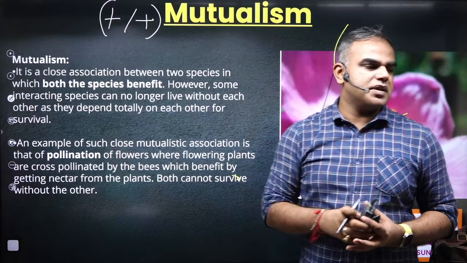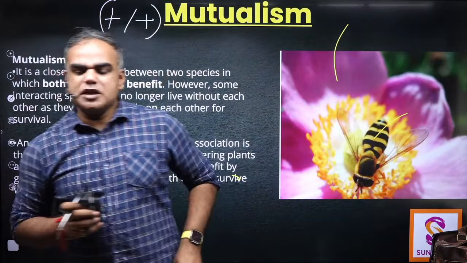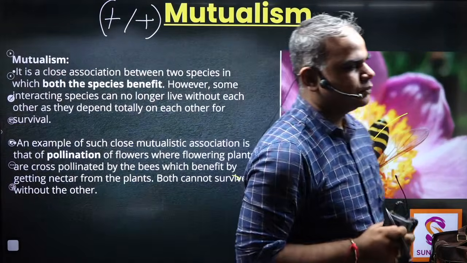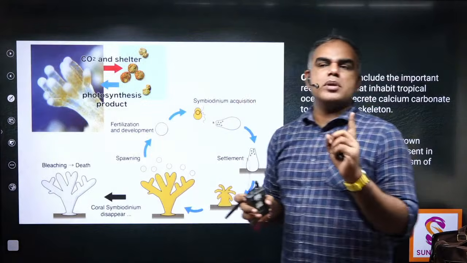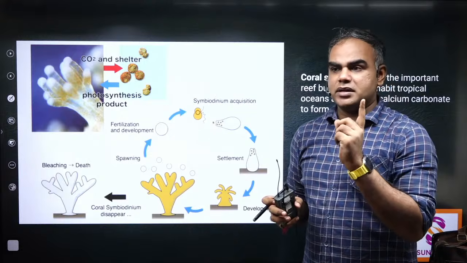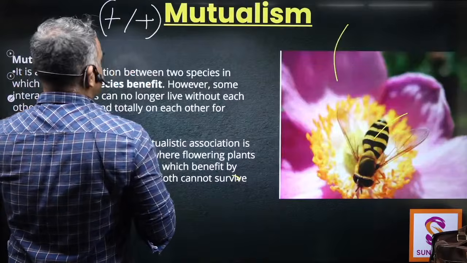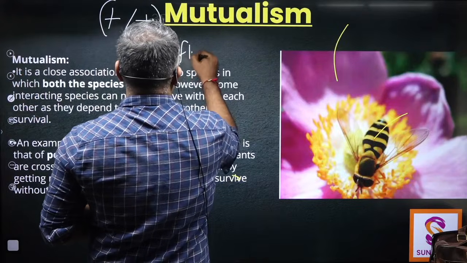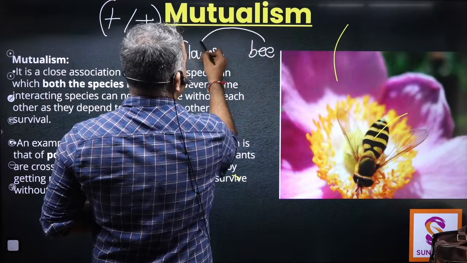Now write examples directly. First example is pollination. And whatever example you write, you should be able to understand how both are getting benefited. So for example, when you write pollination, write flower and write bee, make an arrow between bee and flower.